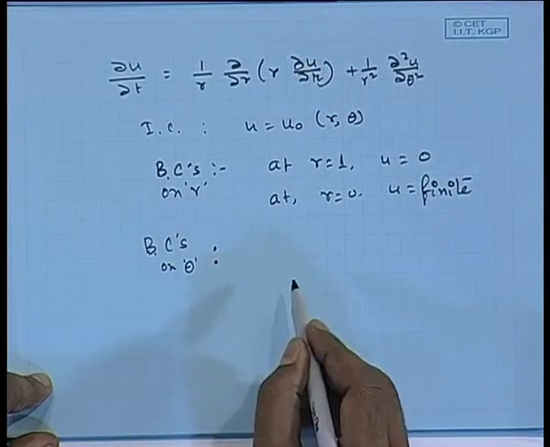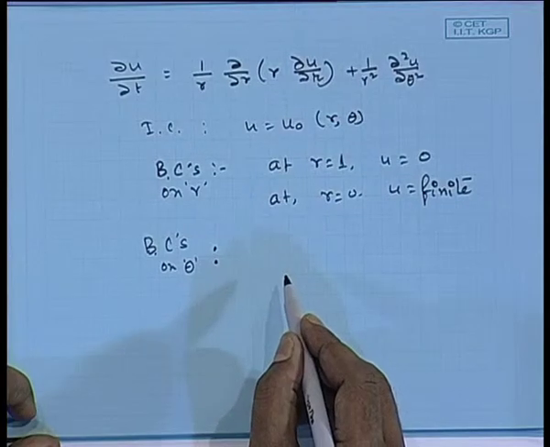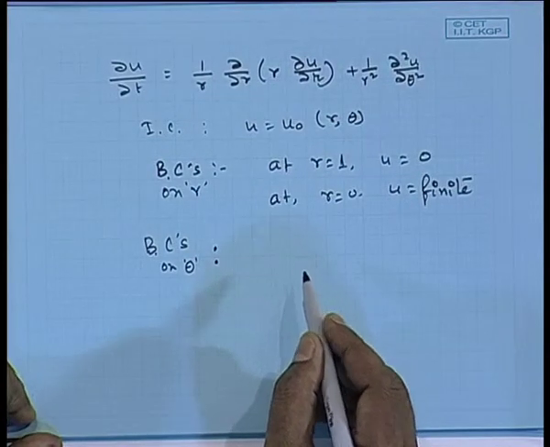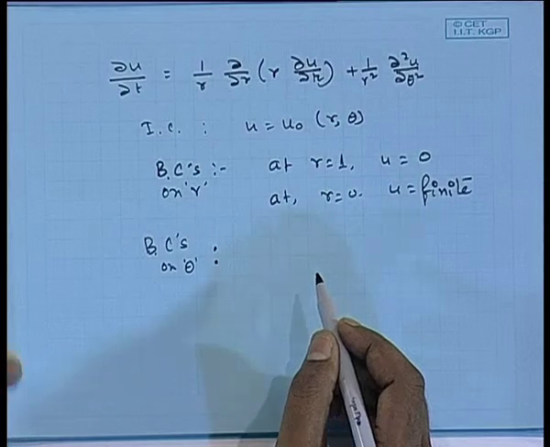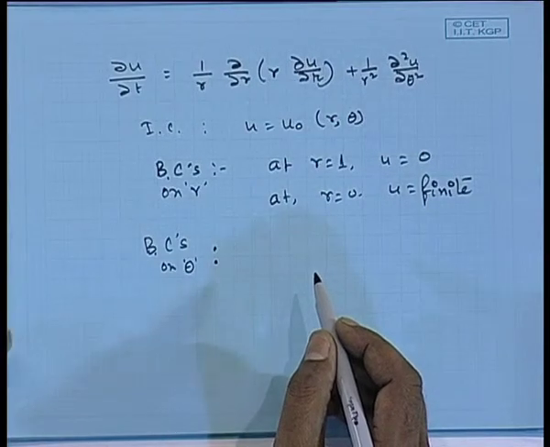again the boundary conditions on theta are not defined. We take recourse to physical boundary conditions arising out of the physics of the system, and these are called the periodic boundary conditions on theta.